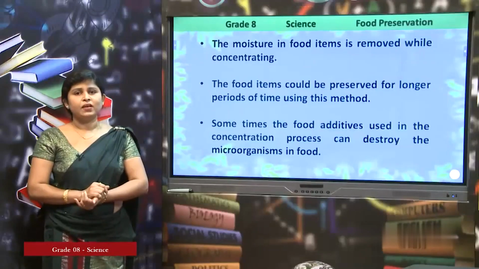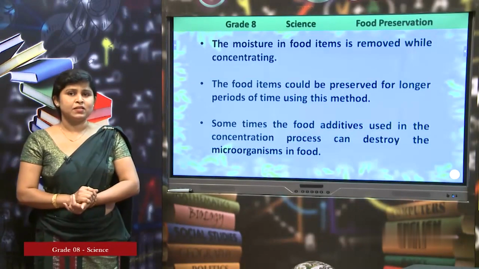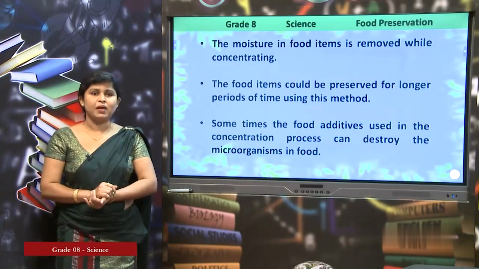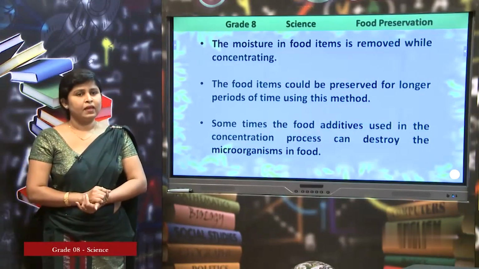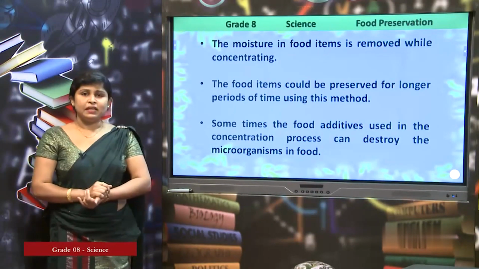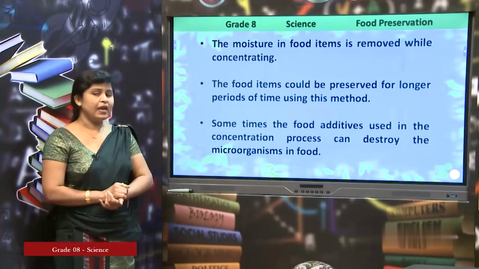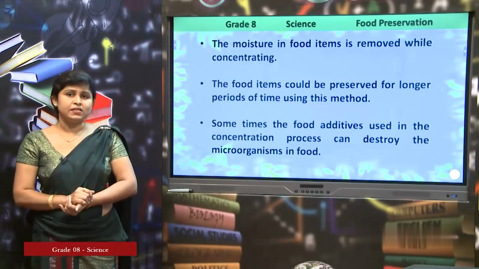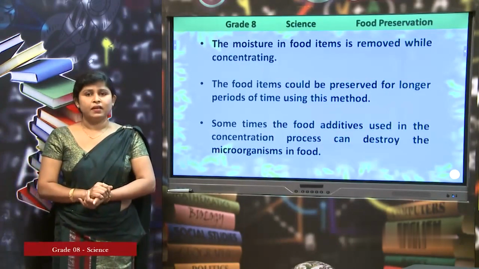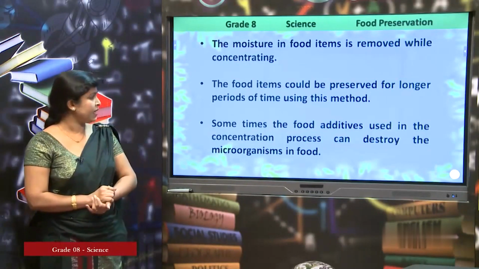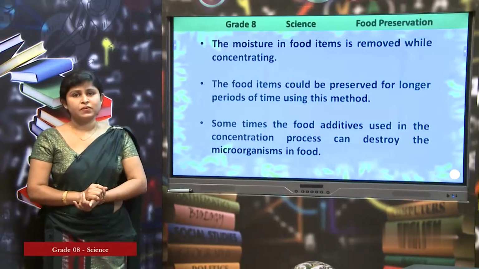I am sure that you have read the labels on these chutney, jam and cordial bottles. It is given that they contain several types of food additives. The food additives that are used in concentration can act as food preservatives. So, that is the way of preserving food items by concentration.